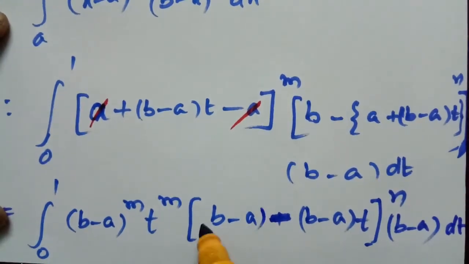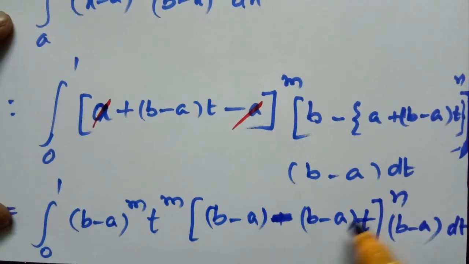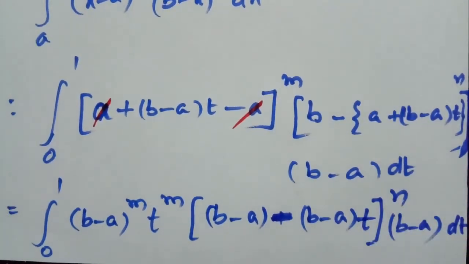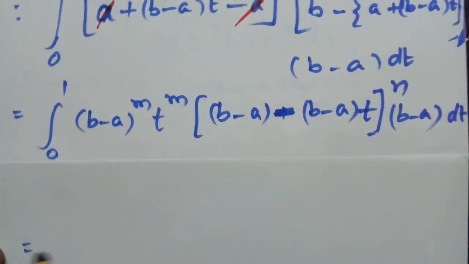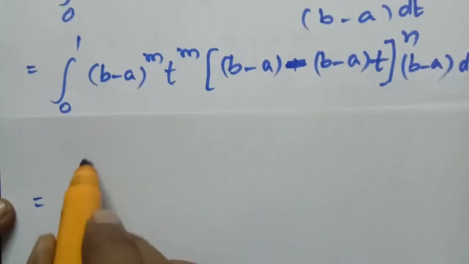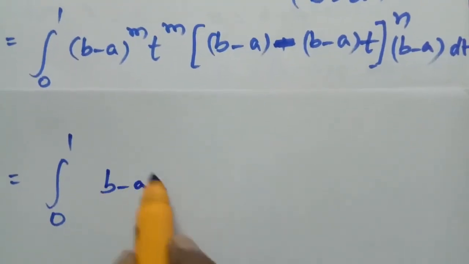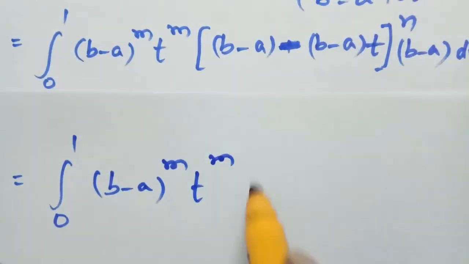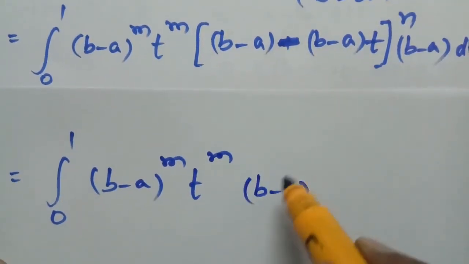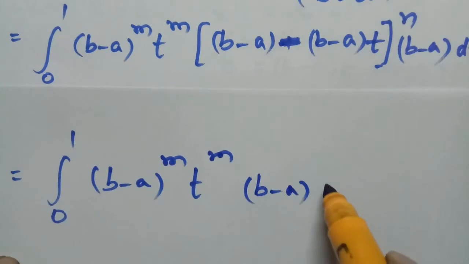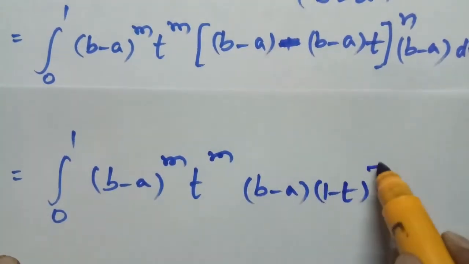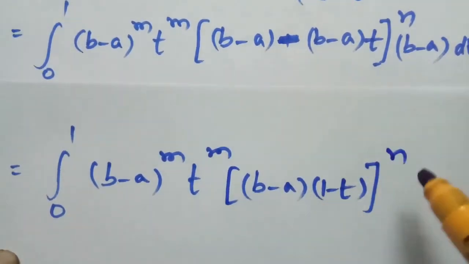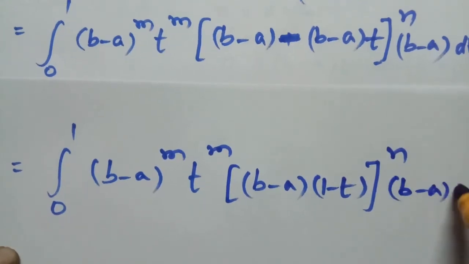Now again here b minus a is a common factor, therefore b minus a whole to the power of n into 1 minus t whole to the power of n, equal to integral 0 to 1 b minus a whole to the power of m t to the power of m into b minus a common factor into 1 minus t whole to the power of n into b minus a dt.